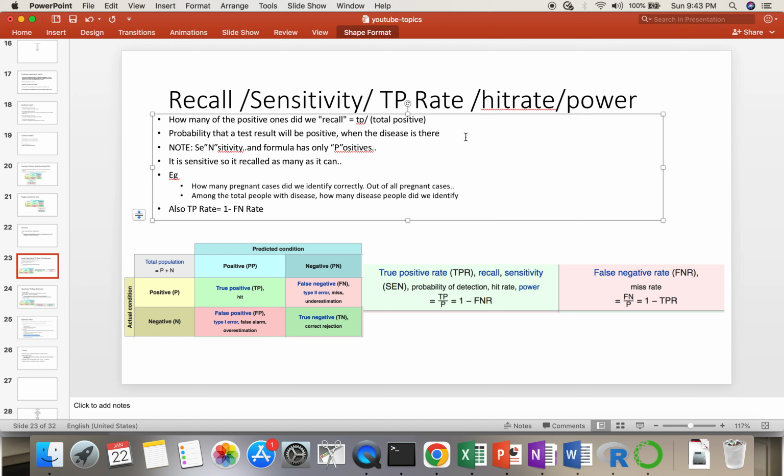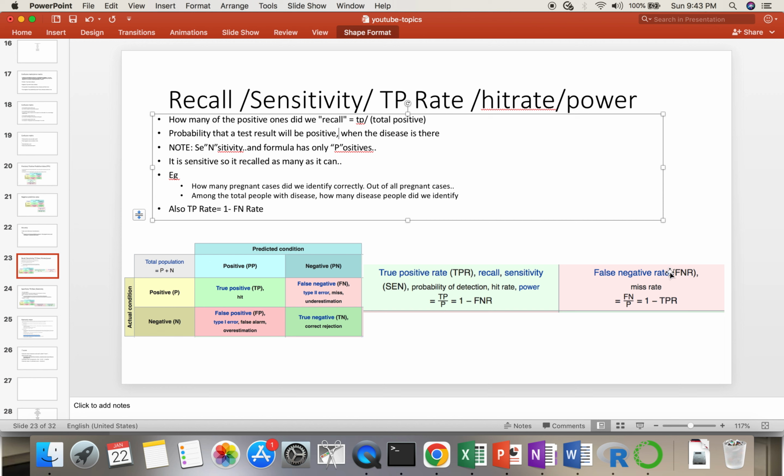When there is a disease, what is the probability that the test will actually predict that? In other examples, out of all the pregnant cases which are total positive, how many pregnant cases did we identify correctly? Among the total people with disease, how many did we identify correctly?